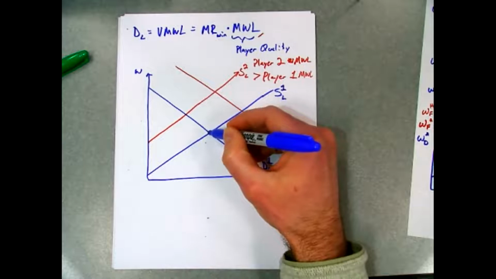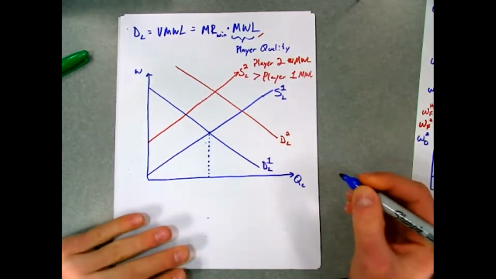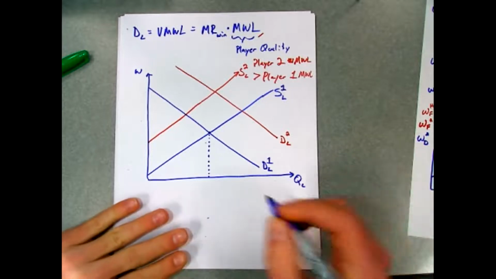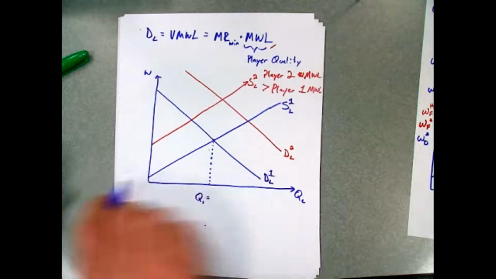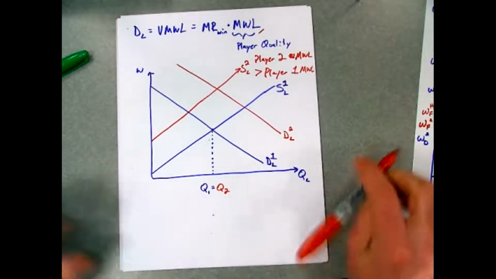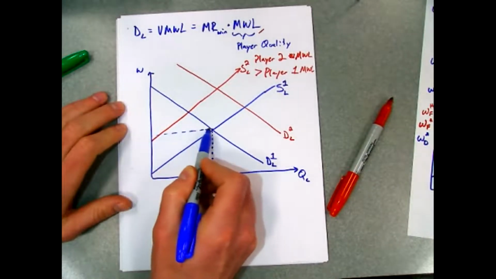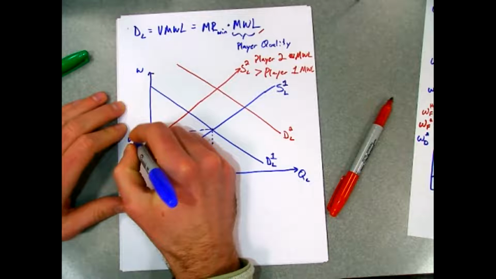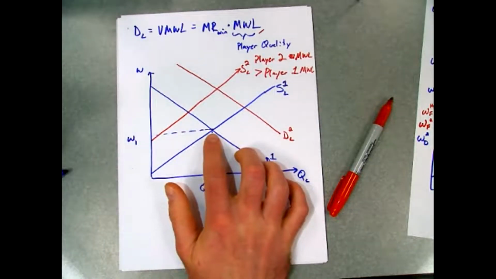If I wanted to get the exact same quantity of labor from both of these players, so we'll call this Q1, and it's the same here, what would have to be true is that the wage I could offer to player one is just where the supply and demand curves intersect.